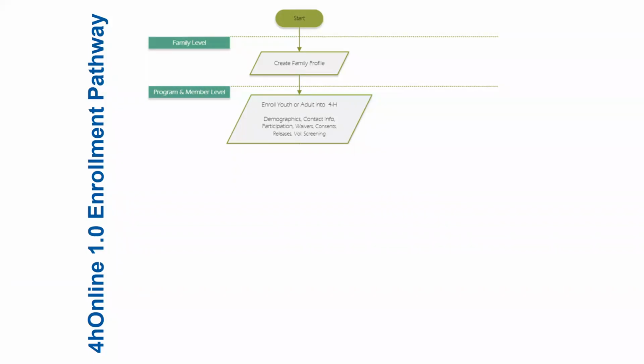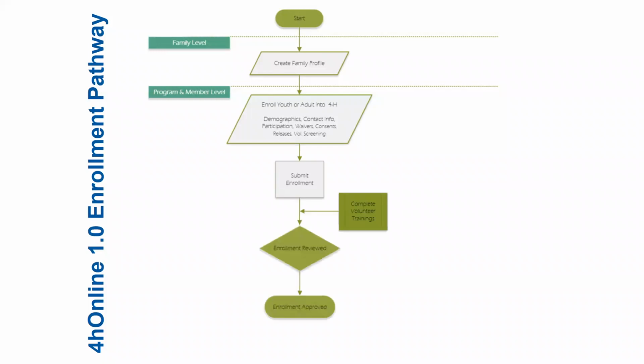This includes demographics, contact information, waivers, consents, releases, and how that individual is participating in the program by enrolling into units, clubs, and projects. And for adults, this includes volunteer screening. Enrollment is submitted and volunteers complete required trainings. County managers review the enrollment information and, if appropriate, enrollment is approved.